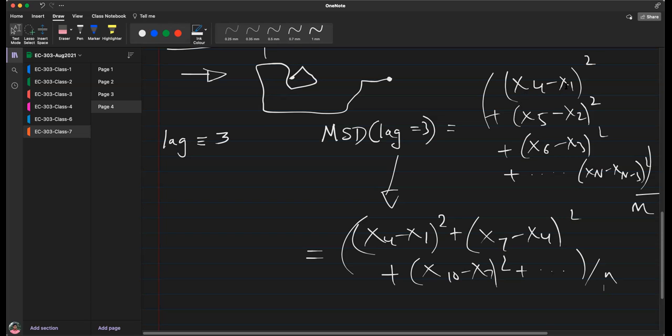But x4 minus x1 has the information of the jump between 4 and 1, and x5 minus x2 has the information of the jump from 5 to 2. There is a commonality between these two now. The steps from 2 to 3 to 4 are common to both of these. And likewise, same here. I thought that if we had long enough time series, maybe that doesn't matter, but it clearly matters.